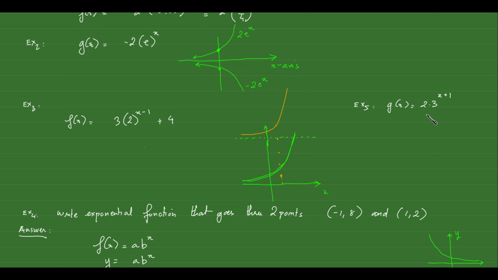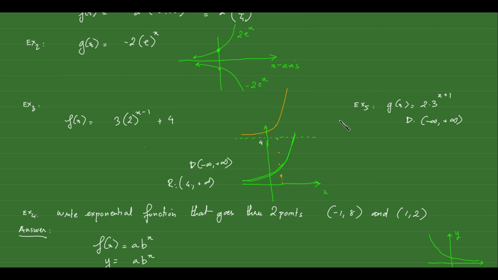So this is also an exponential function. In this case, the domain is still negative infinity to positive infinity. But the range is different: the range will be from 4 to positive infinity, because we moved up 4 units already.